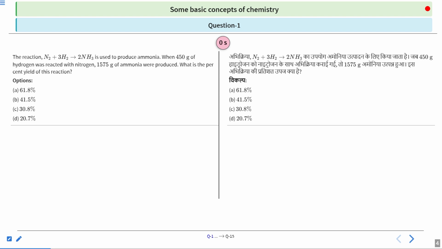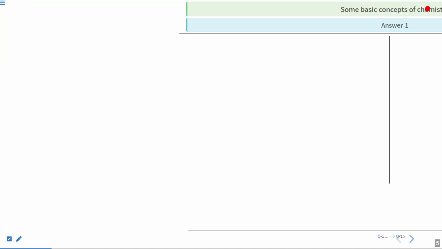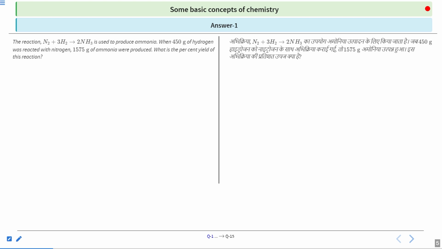Okay, now let us see how we can solve it. So, what does the question say? The question is saying that we are given a reaction, which is basically the synthesis of ammonia. And 450 gram of hydrogen is giving us 1575 gram of ammonia. Now, one question must arise in your mind: why is the nitrogen amount not mentioned here?